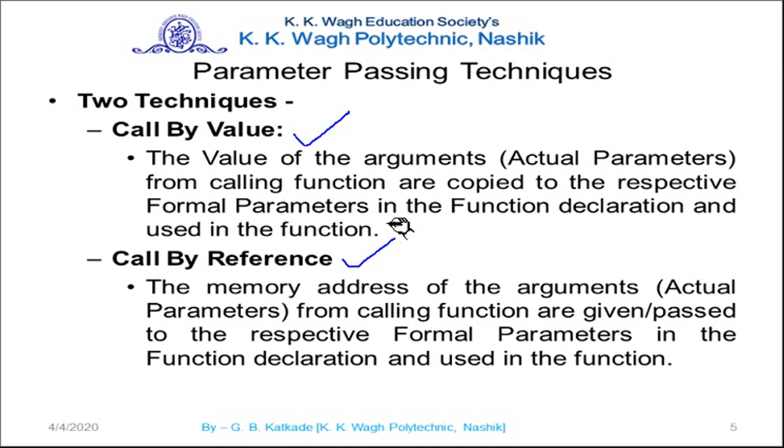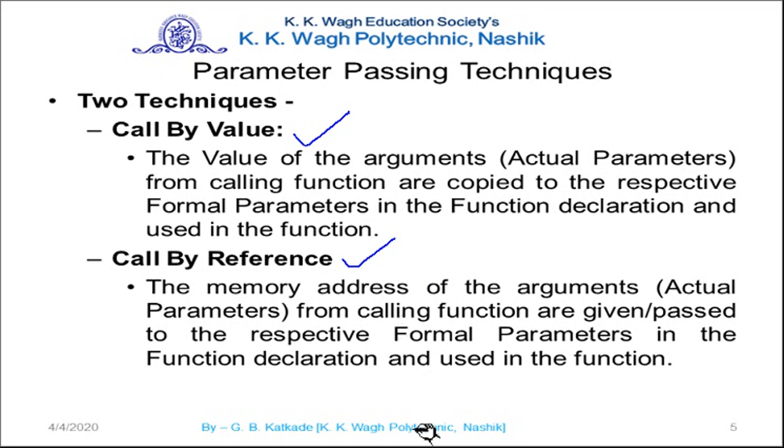The order of the parameters is important; they are given according to the order specified. The number of parameters in the calling function and the called function should be the same, which is already the basics of function declarations. This is the meaning of call by value and call by reference.